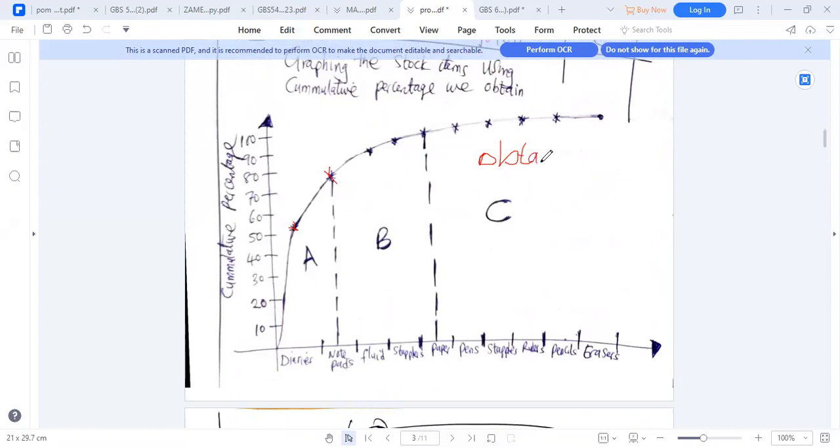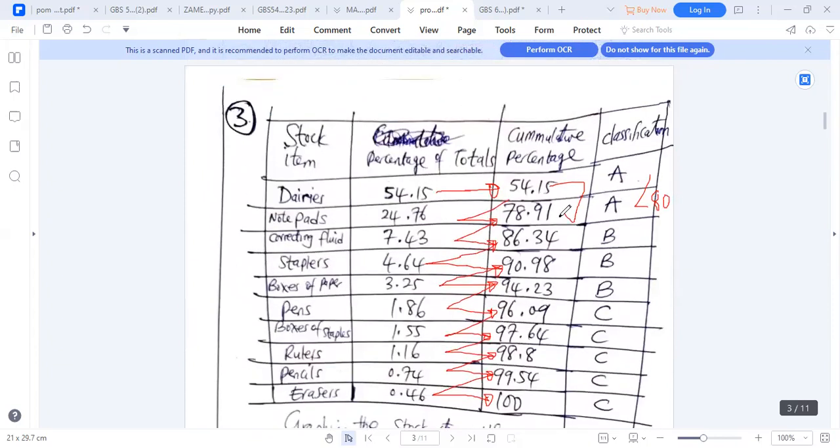These cumulative percentages are the ones used to find the values for the cumulative ABC classification.